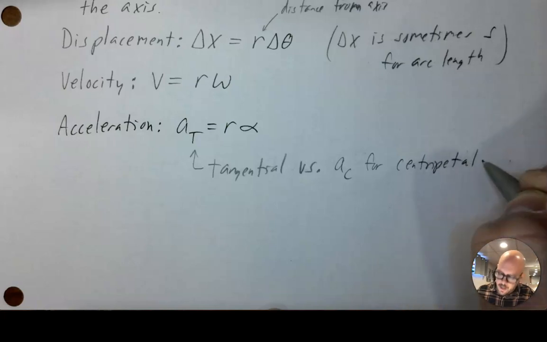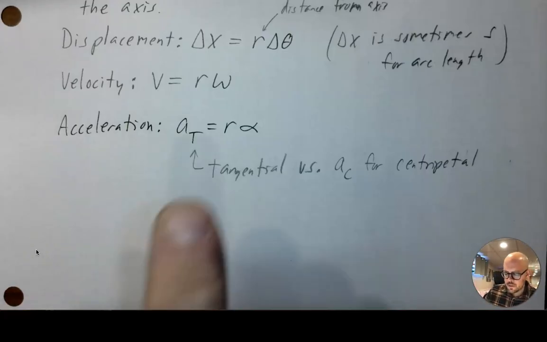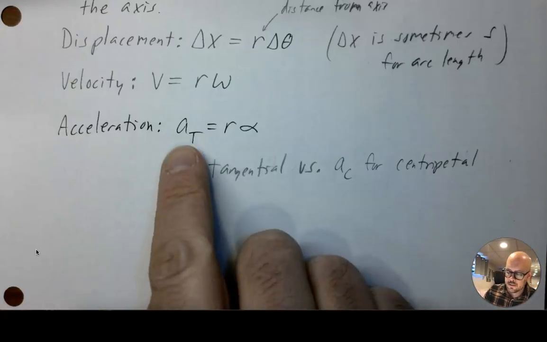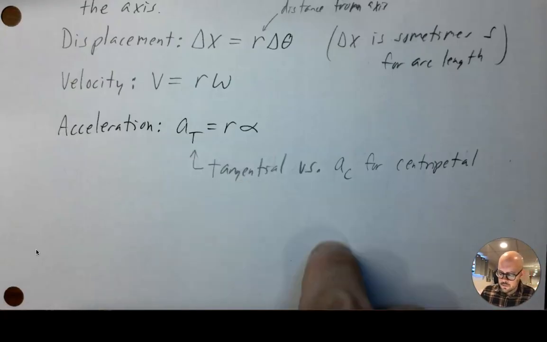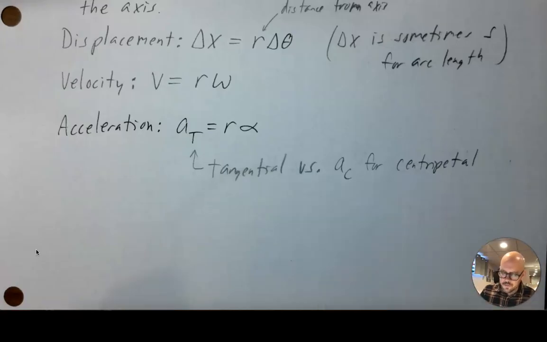Now, I will derive centripetal acceleration in class. It's a very minor part of this unit. It's really focused on circular motion instead of big objects that are rotating. But basically, if an object is being rotated and it's changing its angular speed, then it has a tangential acceleration in the direction of the circular motion. But it also has a centripetal acceleration in the direction of the center of the circle.